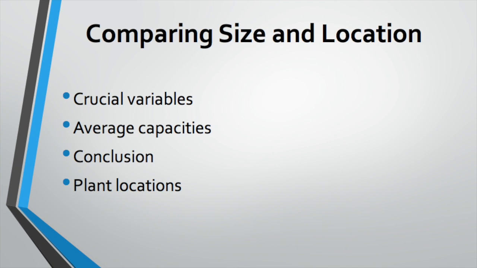The comparison of the RO and MSF desalination plants is remarkably complex when taking into account the wide variety of crucial variables. Each process can have very different incoming stream capacities depending on geographical location, intended use, and type of feedwater. While it is difficult to find data that incorporates all of these considerations, Chautauqua Water Technology Center provides a great look into the average capacities of each desalination technique.